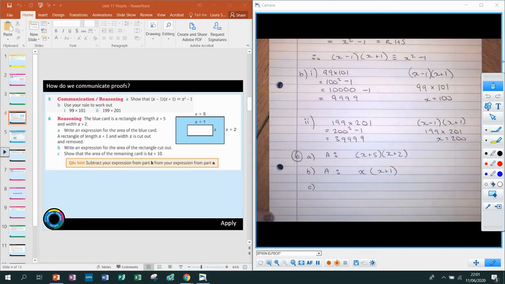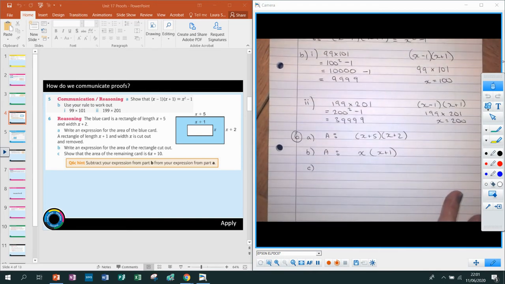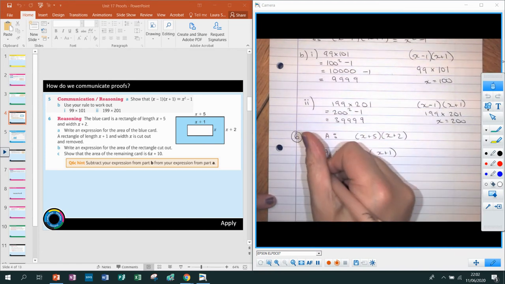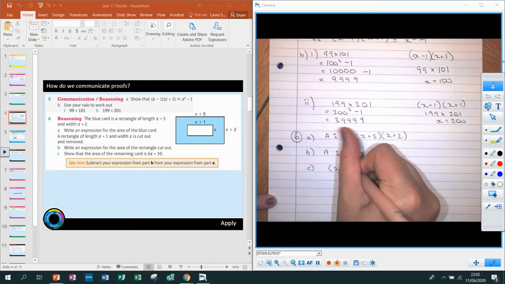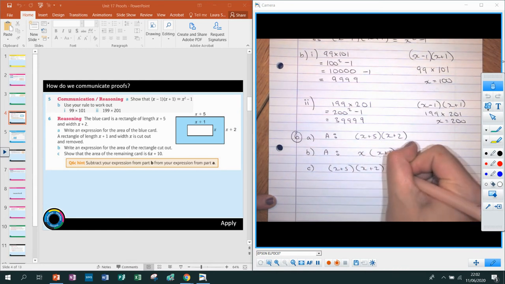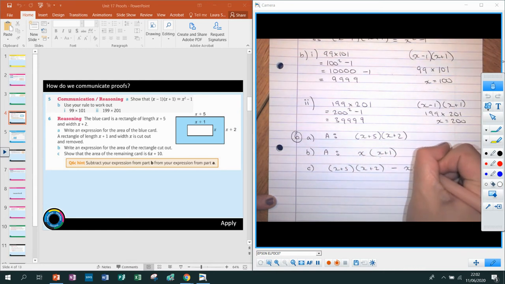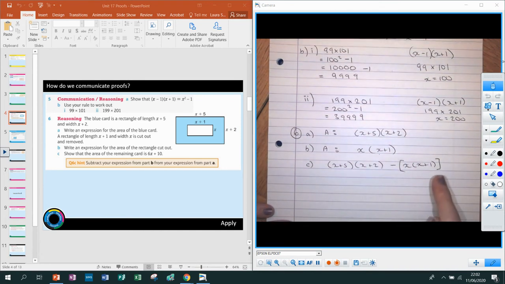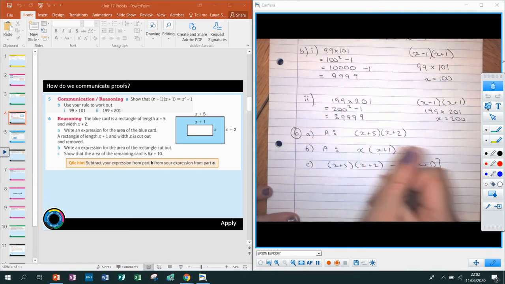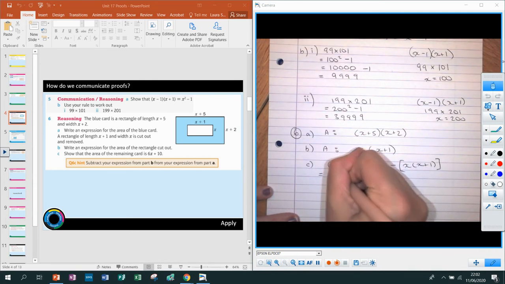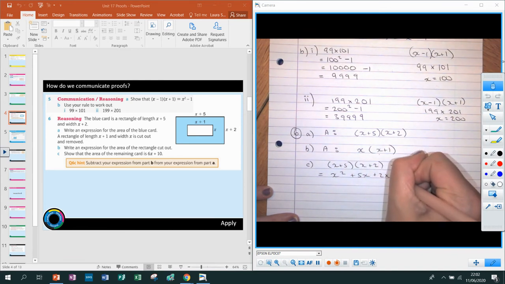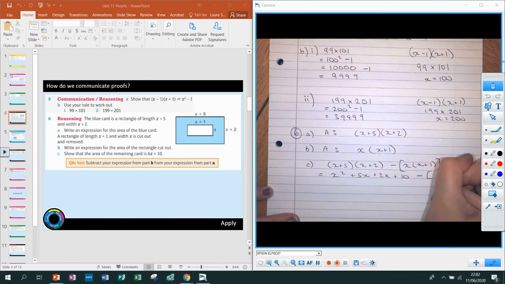Part C says show that the area of the remaining card is 6x plus 10. So we're going to have to do that area minus that area. So that's going to be x plus 5 times x plus 2 minus our x times x plus 1. But please remember to put that in a square bracket like I've taught you. We don't want to make mistakes with our negatives. So this is going to give us x squared plus 5x plus 2x plus 10 minus x squared plus x.